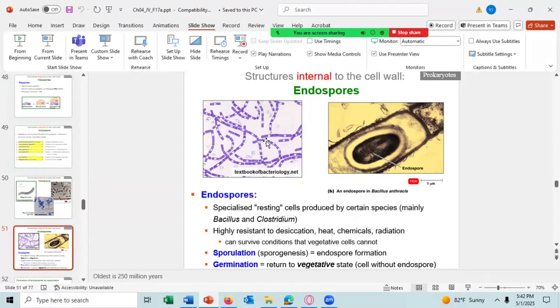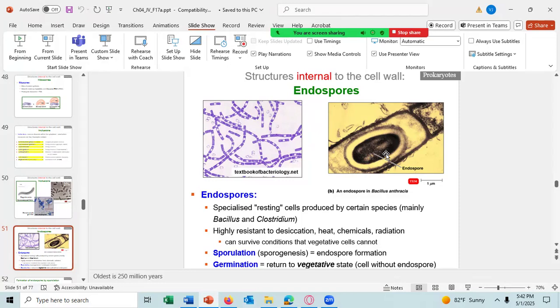The vegetative cell can grow and reproduce, and it's also metabolically active. I didn't mention it, but the endospore has very low, if any, metabolism going on. So very little metabolism going on in an endospore, and that's how the endospore can survive for so long.